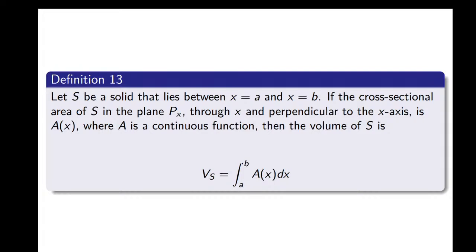If the area of this given object is A(x), a function of x where A is a continuous function, then, like the way we started with curves, the volume of that object, V(S), is equal to the integral from a to b of the cross-section area A(x) of that solid S with respect to x.